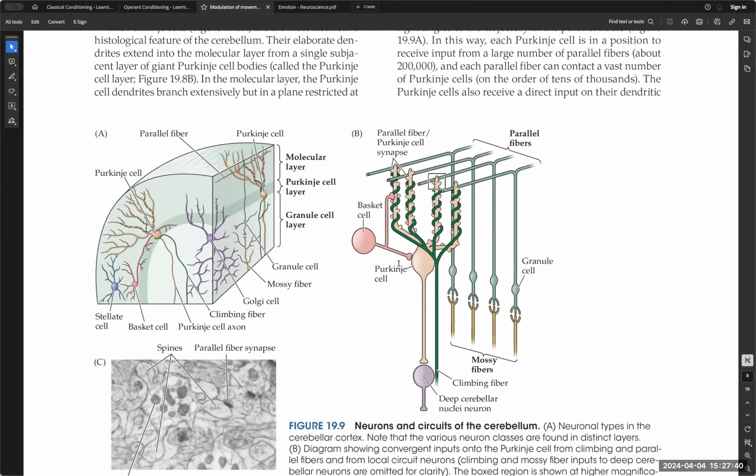Okay, again, the climbing fibers from the inferior olive, excitatory or inhibitory? Excitatory, exactly. Okay, excellent. This is what we talked about in the beginning.